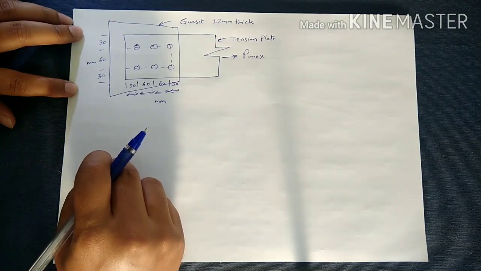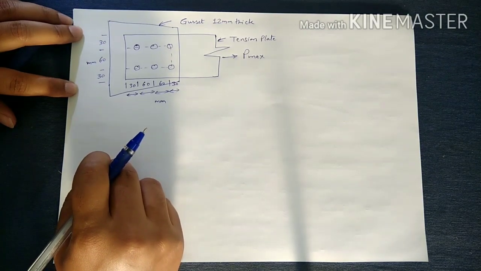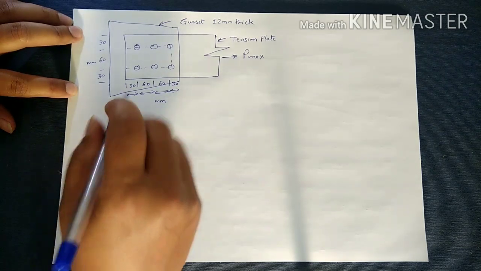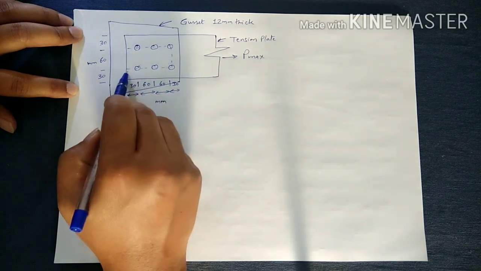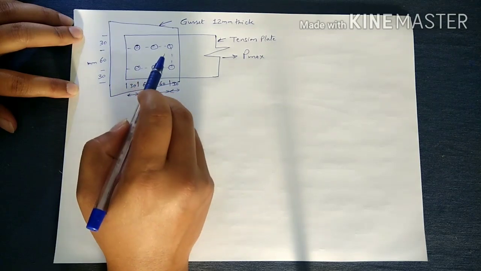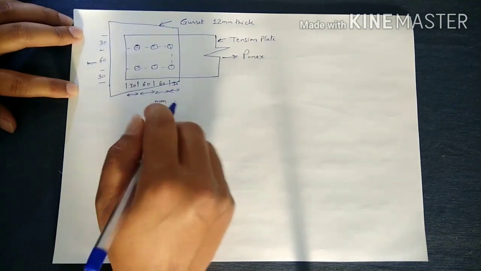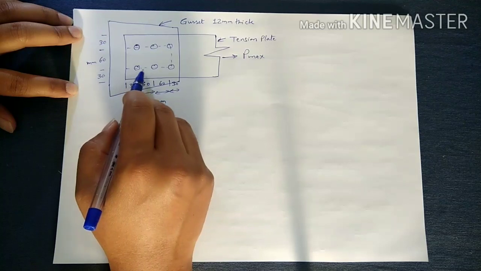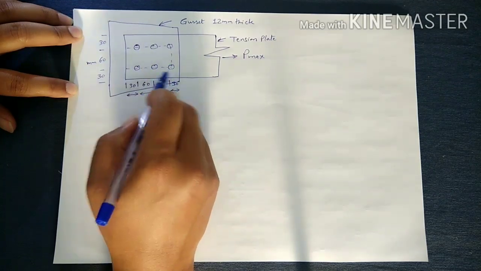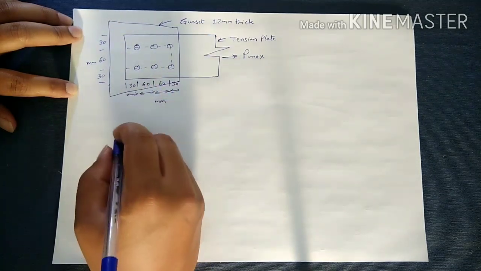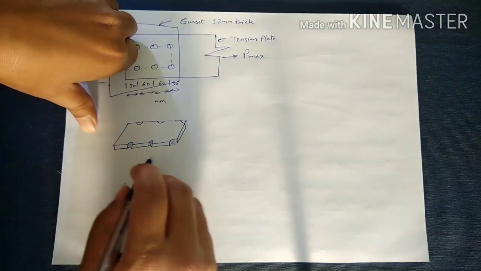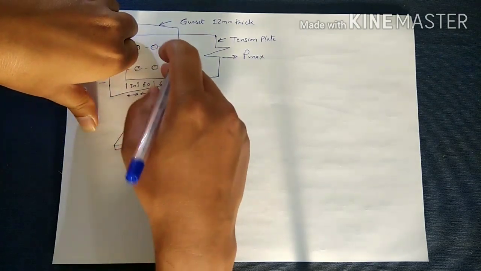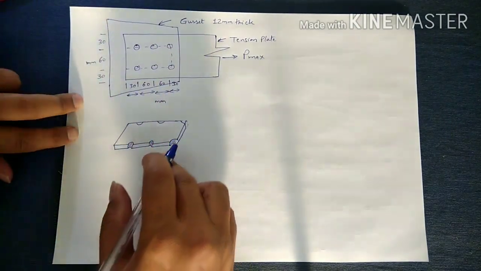Before finding AVG, AVN, ATG and ATN, we must first take out this portion of the plate, and I would like to tilt that plate so that you can see the areas respectively. So it will look somehow like this.